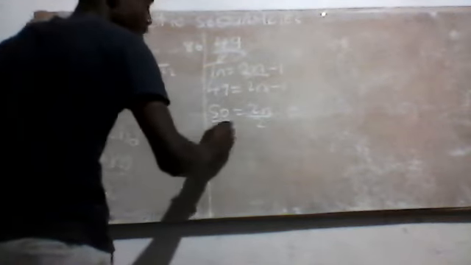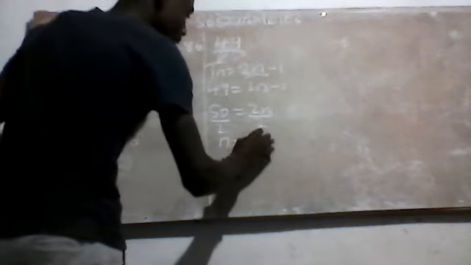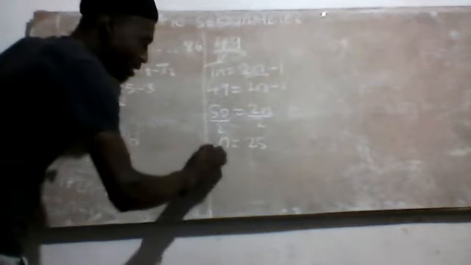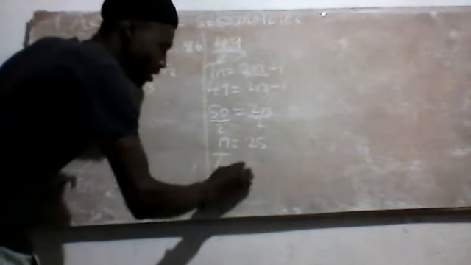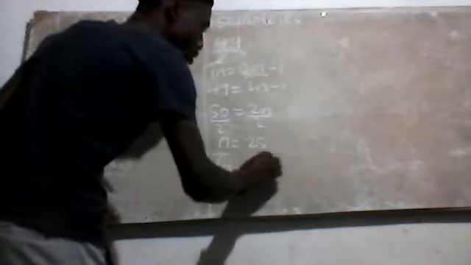Dividing by 2, I get that my n is 25. So it means my T25 is actually equal to 49. They will say which term of the sequence is equal to 49. So this is how you approach that question.